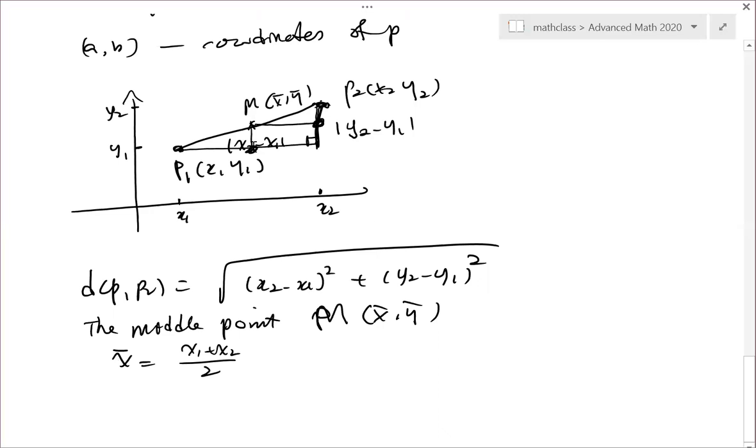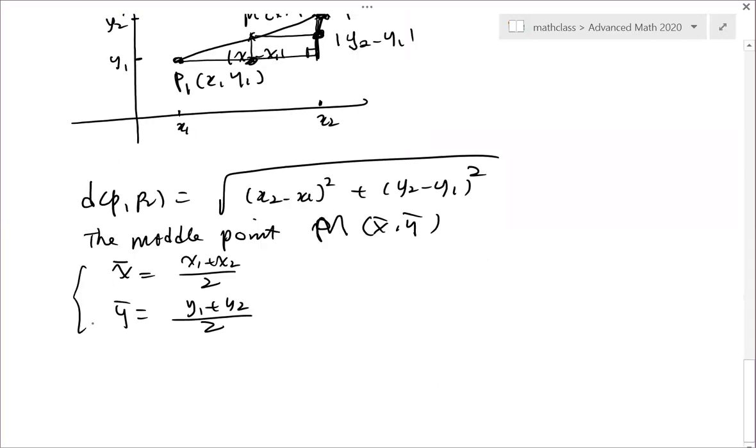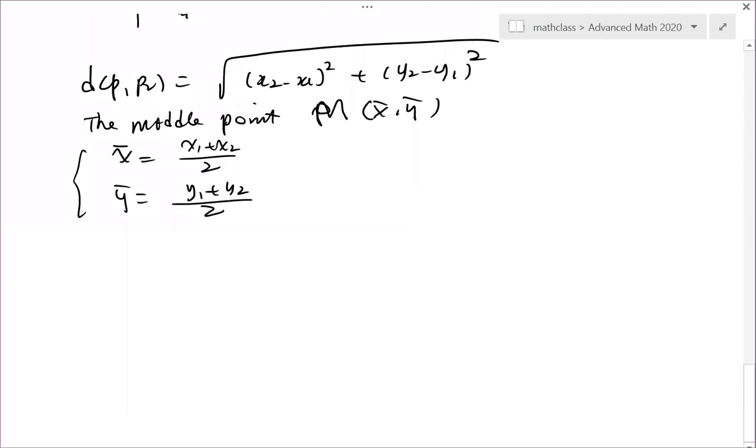That's in the middle. Y bar is going to be the average value of y1 and y2. Because that should be the middle point on the vertical line. Another one should be the middle point on the horizontal line segment. So those are the formulas. All right. So now we're going to solve some problems using this.